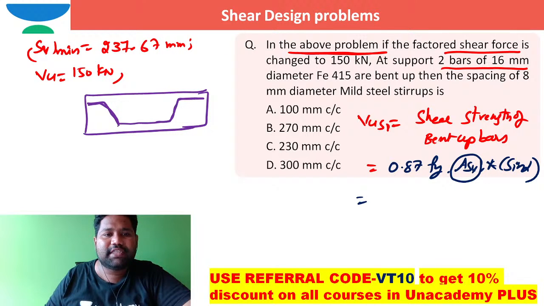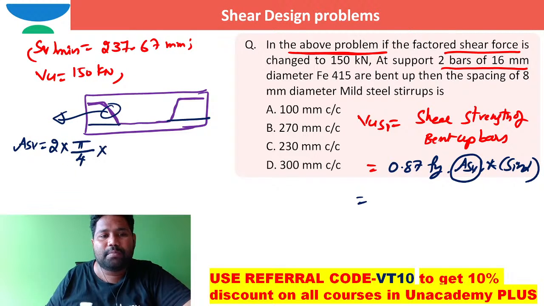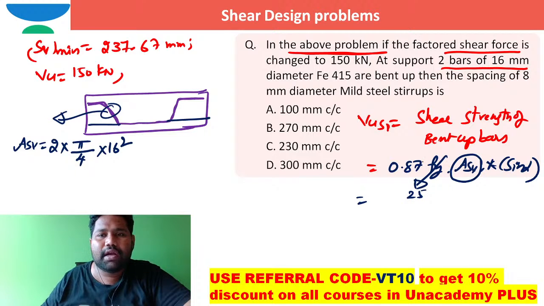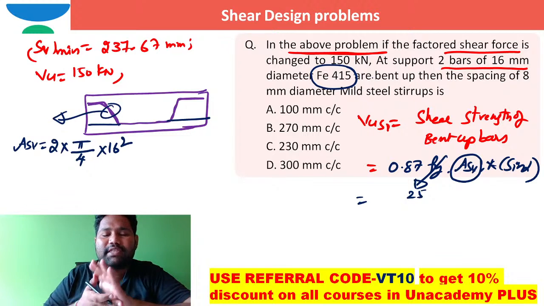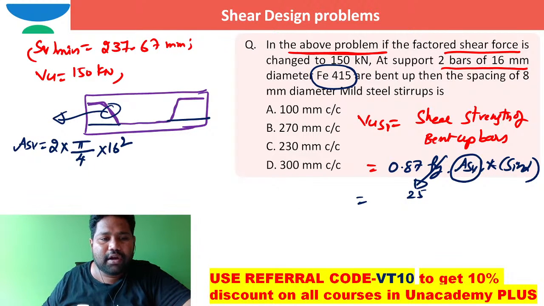Two bars of 16 millimeter diameter are bent up at the supports. Here this cross-sectional area ASV is 2 into pi by 4 into 16 square, right? And Fy, what is that? Bent up bars are main bars, so I should not write 250 here.